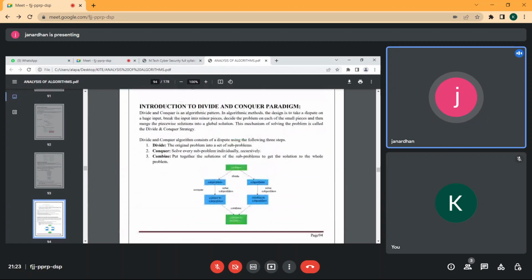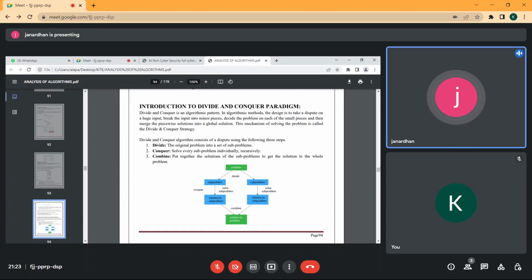Generally, what is the divide and conquer approach? Divide and conquer is an algorithmic pattern.